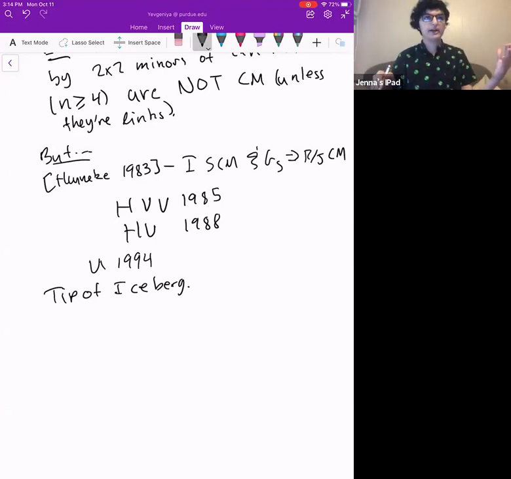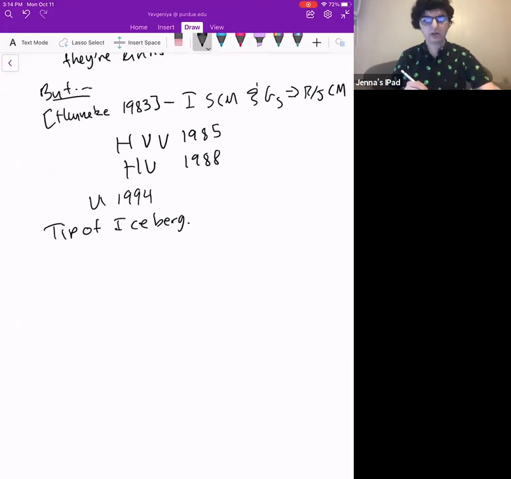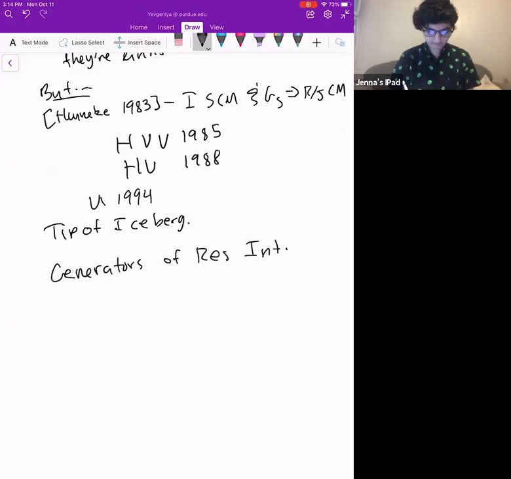And remember how earlier I mentioned that we basically know how to find the generators of a link. However, the generators of residual intersections are not as well understood. We actually only know the computation in a few special cases.